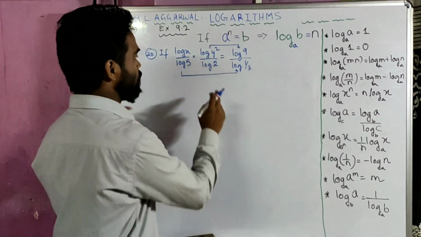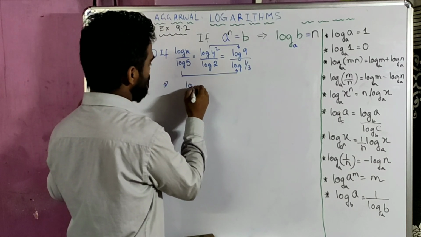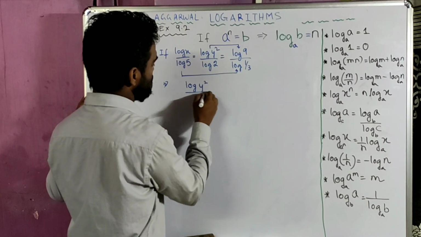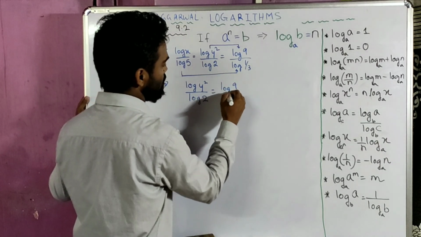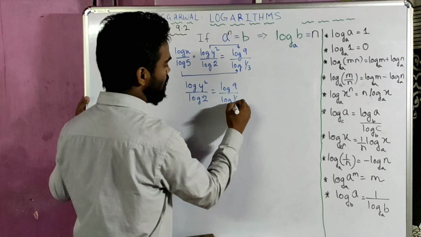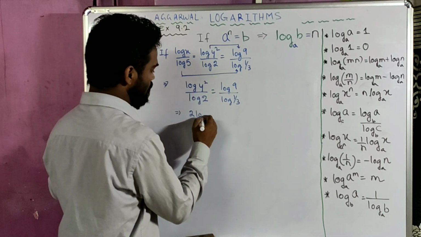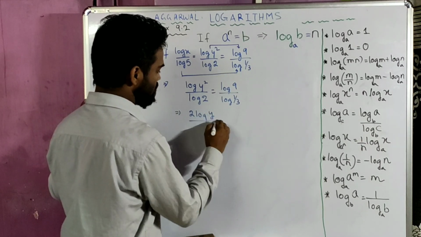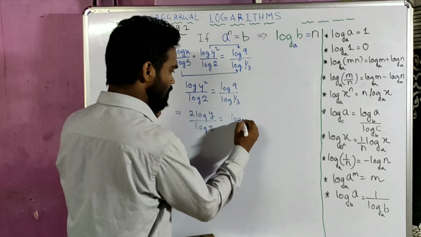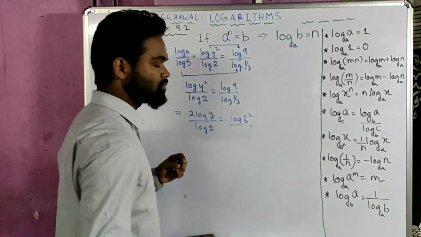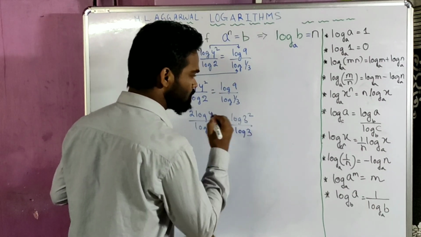Okay, now we'll find y. Equating the second part and third part, we can write log y square by log 2 equals log 9 by log 1 by 3, isn't it? Now this becomes 2 log y by log 2 equals log 3 square, and this log 1 by 3 is nothing but minus log 3.